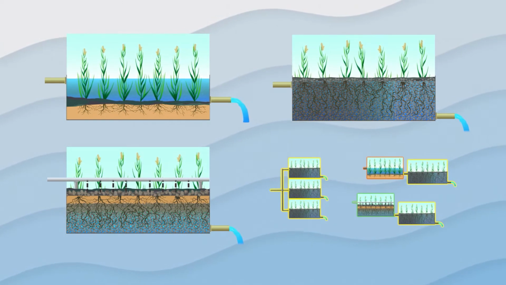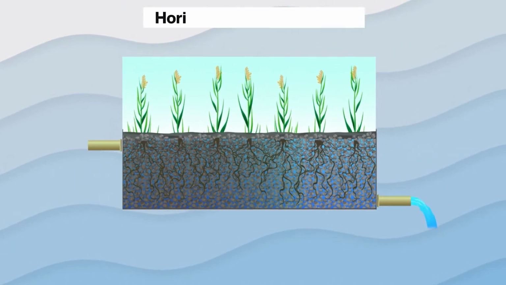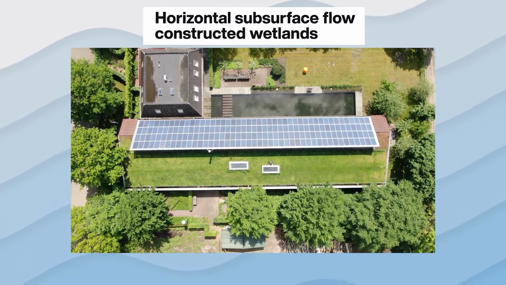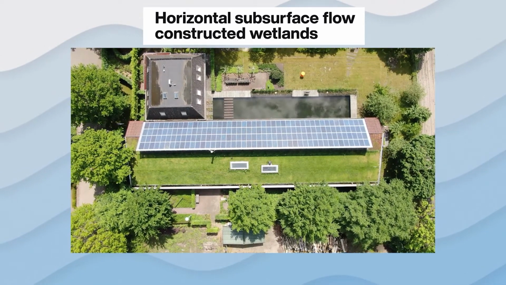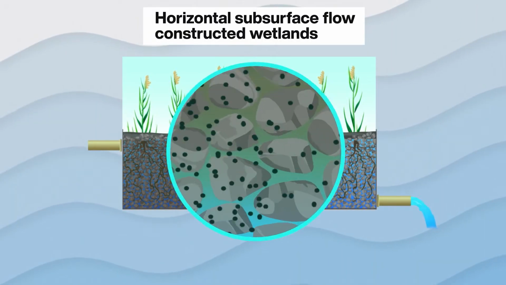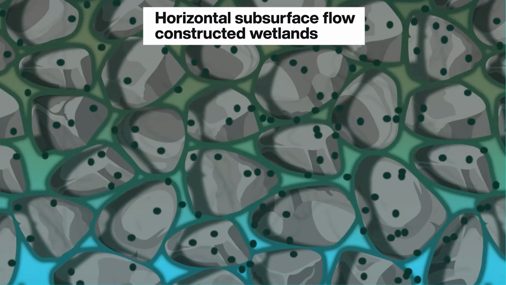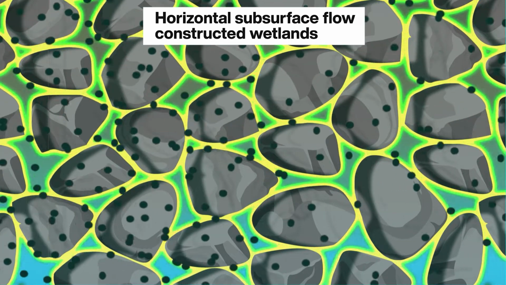Could you please describe a horizontal subsurface flow constructed wetland? This type of constructed wetland has 4 main features. First, its substrate works both as a filtrate sorbent and a matrix for biofilms.